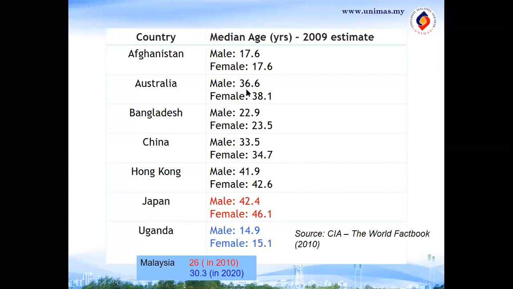The median age in Australia is 36 for male and 38.1 for female. Generally, by the way, umur on average, perempuan adalah lebih tinggi daripada lelaki, on average. In other words, women can live slightly longer than men, right?